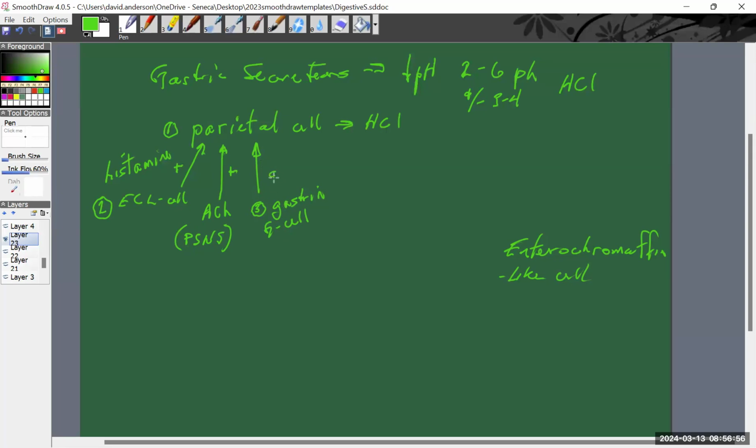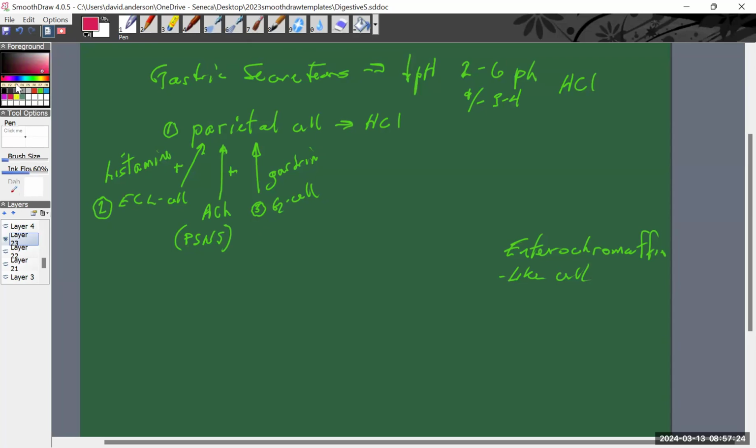Maybe what I should do is put gastrin up here, and then we can move our G cell in beside the number so that we're staying consistent there. So those are 3 examples of stimulatory factors on the parietal cell to produce HCl. So all of those would increase the production of HCl.